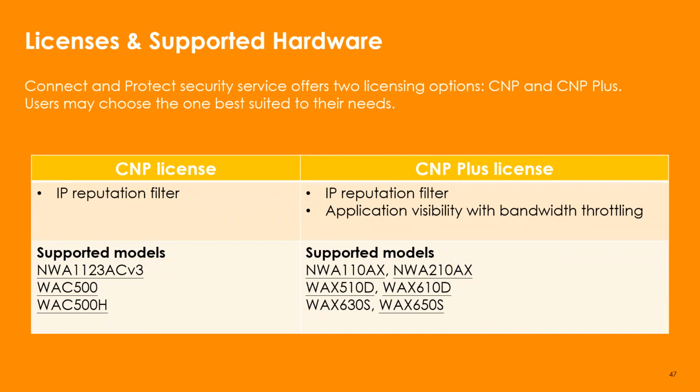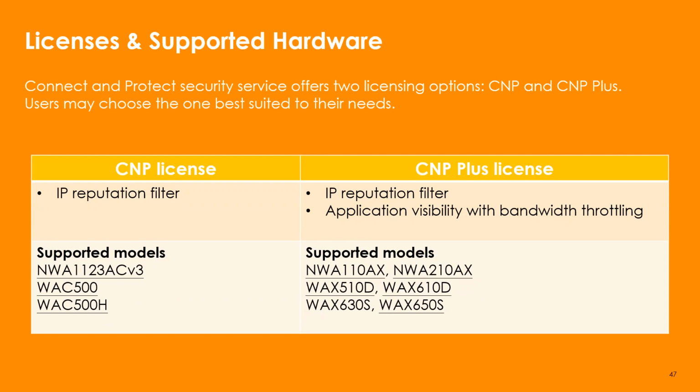The standard CNP license works on our NWA 1123 ACV3, the WAC 500, and the WAC 500H. We also offer a CNP Plus license, which has that same filtering and also gives you the ability to do application level bandwidth throttling.